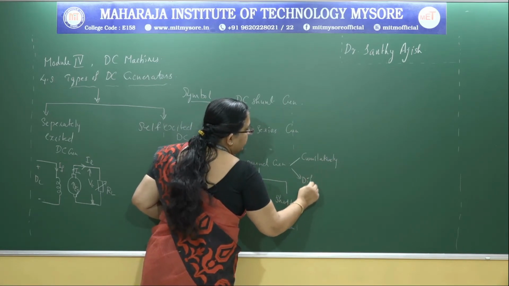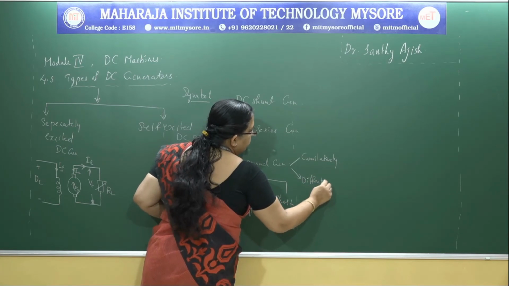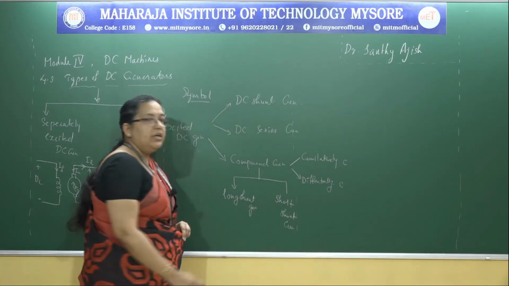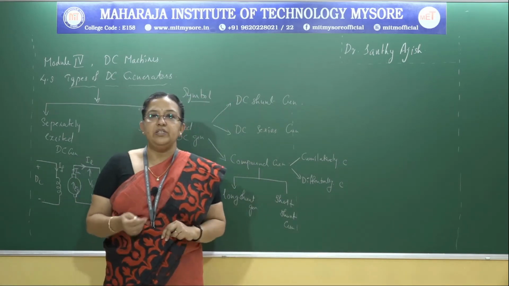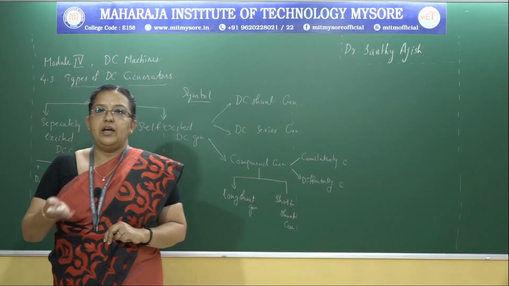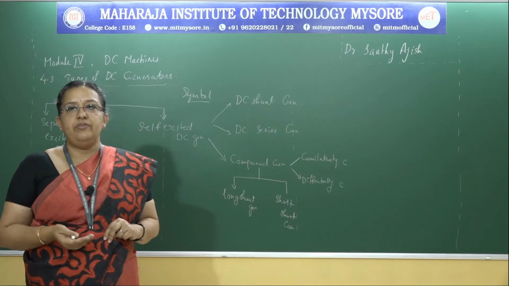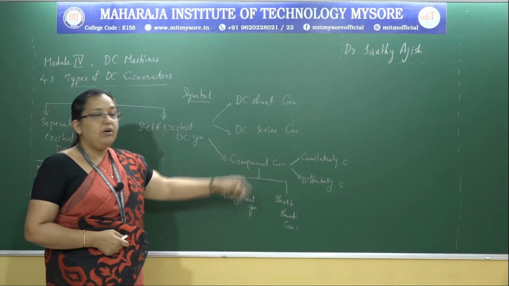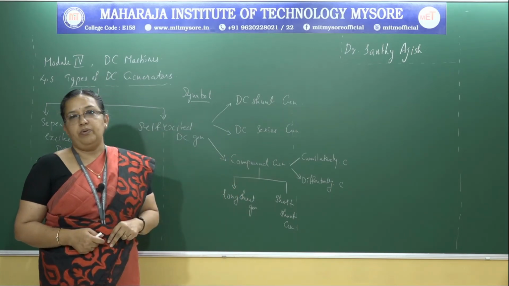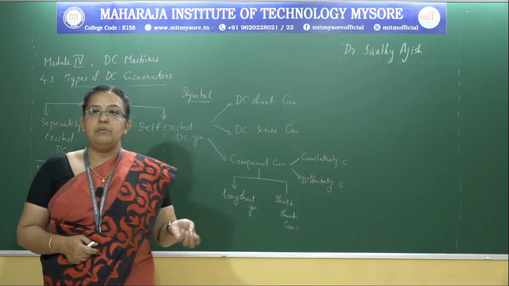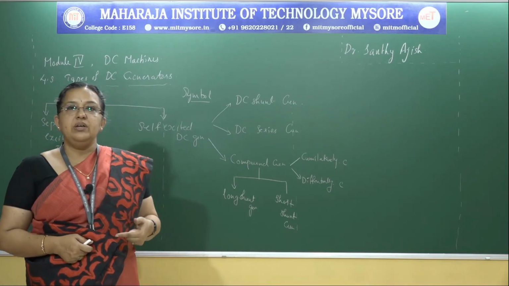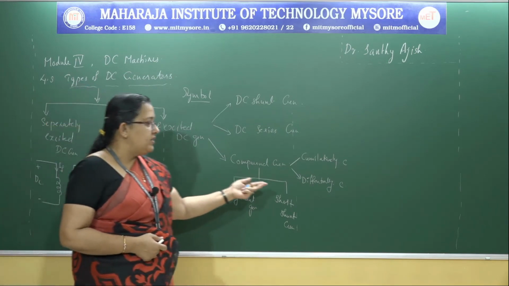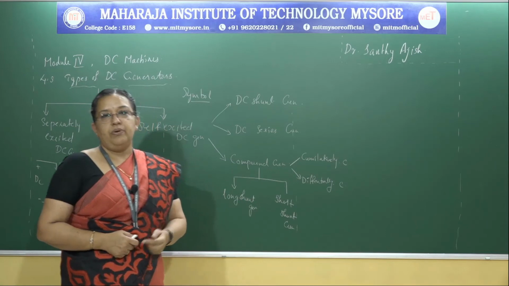If the flux produced by the shunt field winding adds with the flux of the series field winding, in such a case we call it cumulatively compounded. If the flux produced by one winding is opposing the flux produced by the other winding, in such cases we call it differentially compounded.